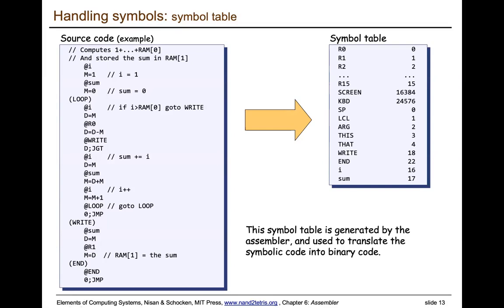Next class, we will look at how the assembler uses the symbol table to translate from your assembly language to machine code. Okay, that's all for today's class. Any questions?